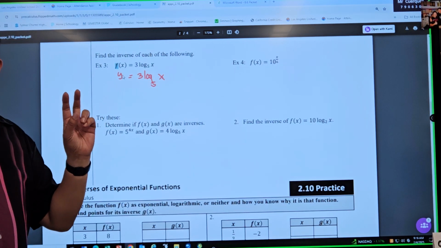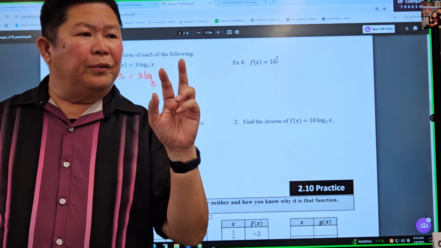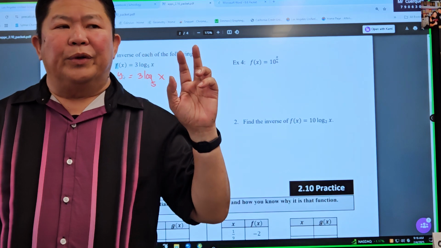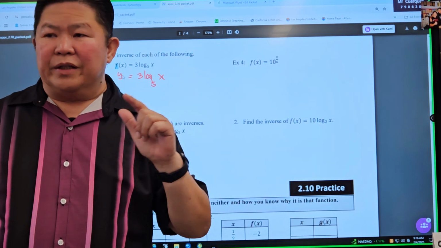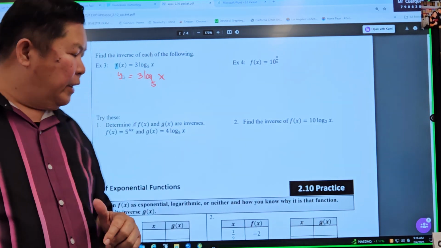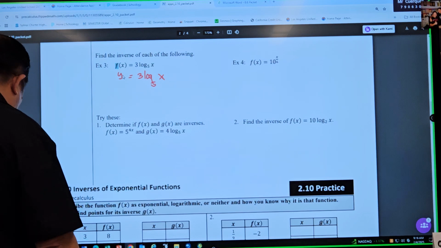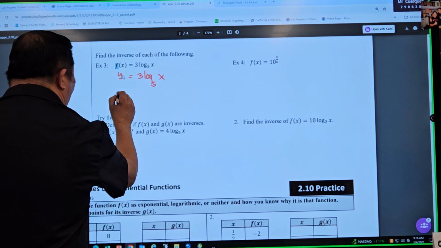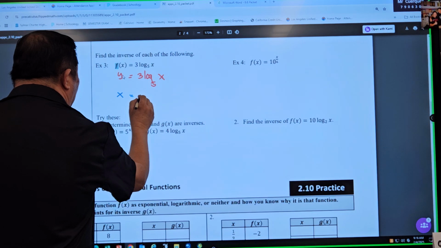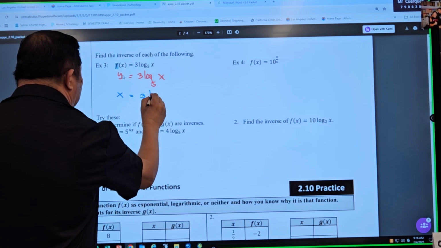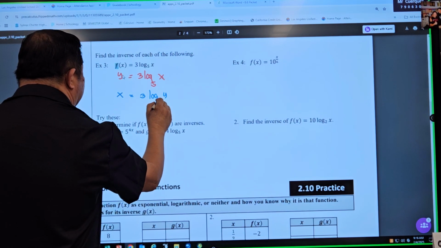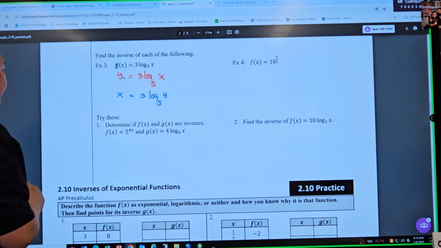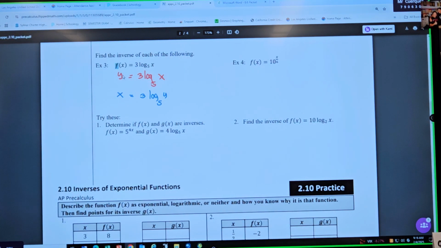And then what's next? If we do inverse, we switch now. What are we trying to switch? The x into y and the y into x. So this becomes now x and then log of y base 5. And then after we switch, are we solving for x or y? The y.